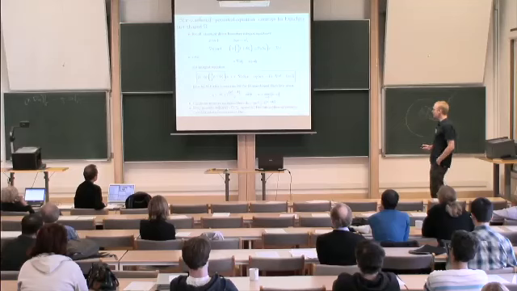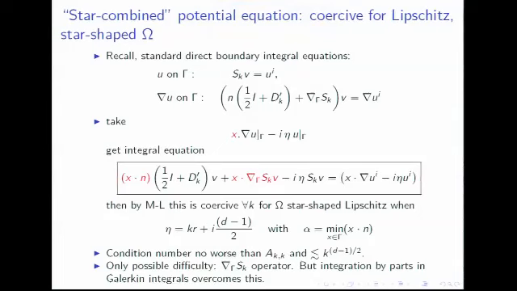Okay, so still you might say, well, I like the modified operator, but my PhD student wrote my code and I can't change it to implement the star combined rather than the standard one. What can you tell me about the standard combined potential operator? Can this argument be rescued?